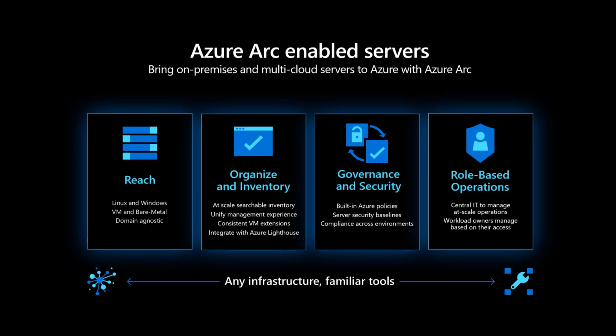So in this case, for example, Linux and Windows is supported. Doesn't matter if it's VMs or bare metal, of course. And it's also fully domain agnostic. So there's no need for your Windows servers, for example, to be part of a domain or a specific domain. It doesn't really matter. Once you put the agent on the server, it will report its inventory to the Azure portal, and you will see it there.